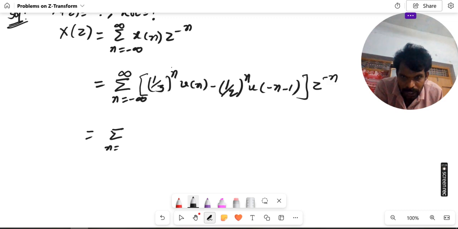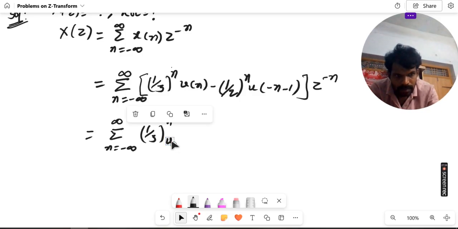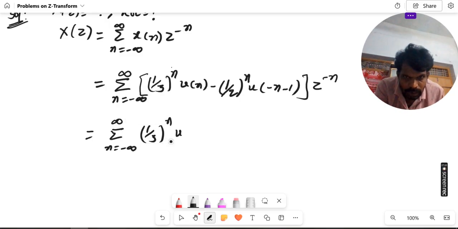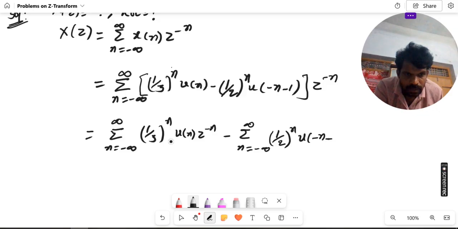Summation n is equal to minus infinity to infinity 1 by 3 power n into u of n into z to the power of minus n, minus summation n is equal to minus infinity to infinity 1 by 2 power n into u of minus n minus 1 into z to the power of minus n.